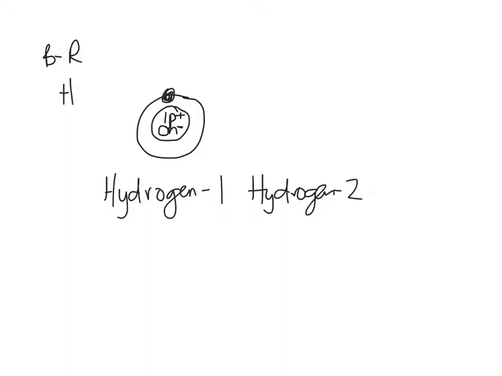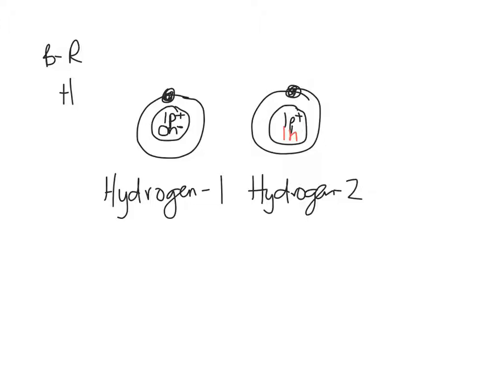It is hydrogen. So, in your nucleus, you still have 1 proton. If I have 1 proton, I still have 1 electron. The mass number minus the number of protons will tell me how many neutrons I have. So in this case, we've got 1 neutron. So this is heavier than hydrogen 1.